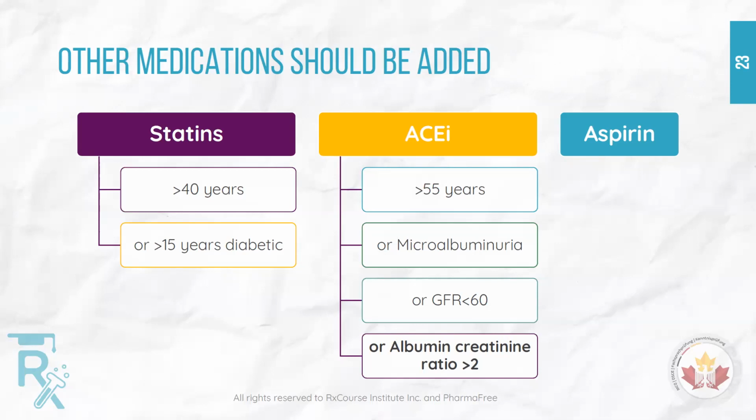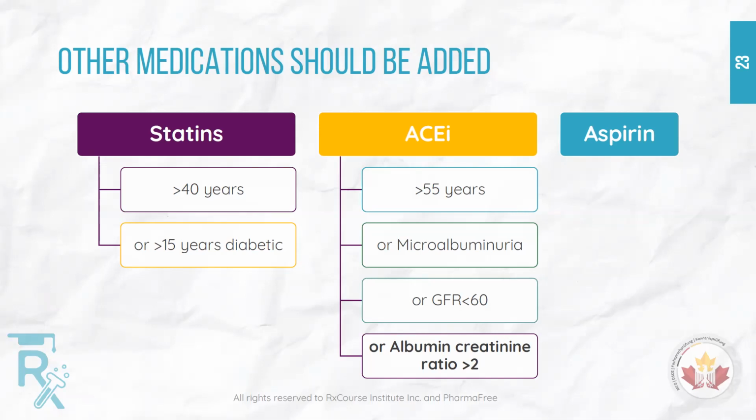Or if the patient is less than 40 years, but he has a history of diabetes for more than 15 years. Like, for example, Mr. X is 37 years old and he has diabetes. I don't think, okay, he is less than 40, so no need to add statin.